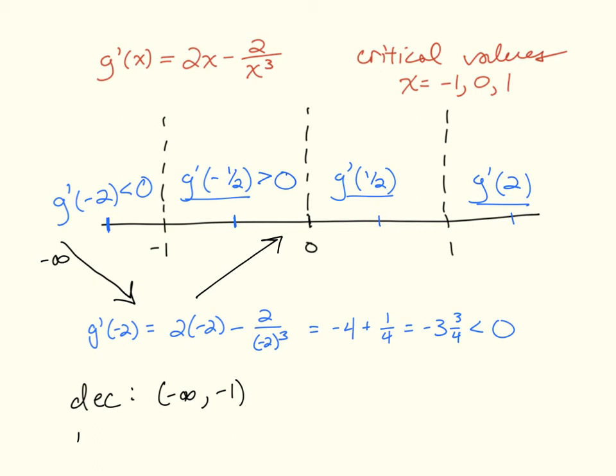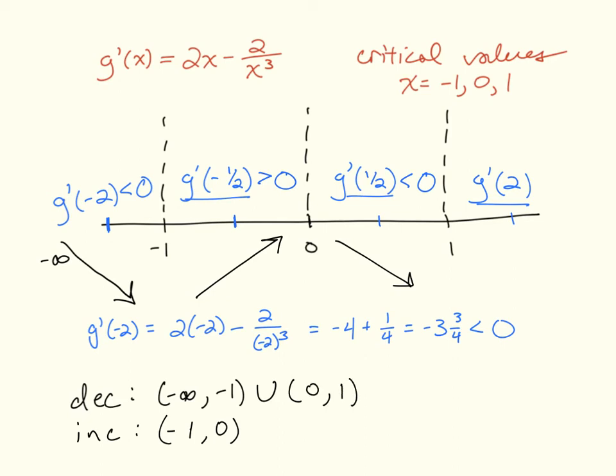So from negative 1 to 0, the original function is increasing. When you evaluate the derivative at 1/2, you will get something that is negative, which means that the original function is decreasing. So I have to union in another interval, 0, 1.